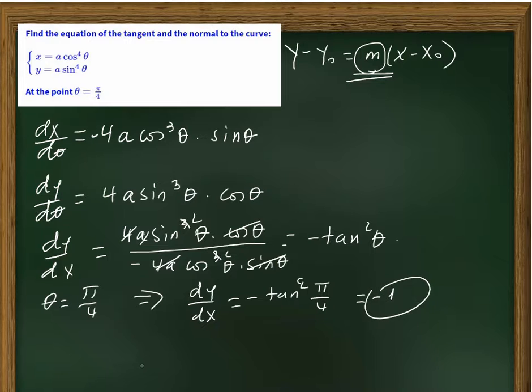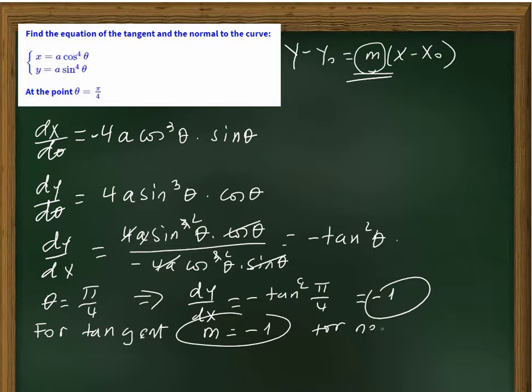So that is the tangent slope: m is equal to negative 1. For the normal, m is equal to 1. So we have the two.